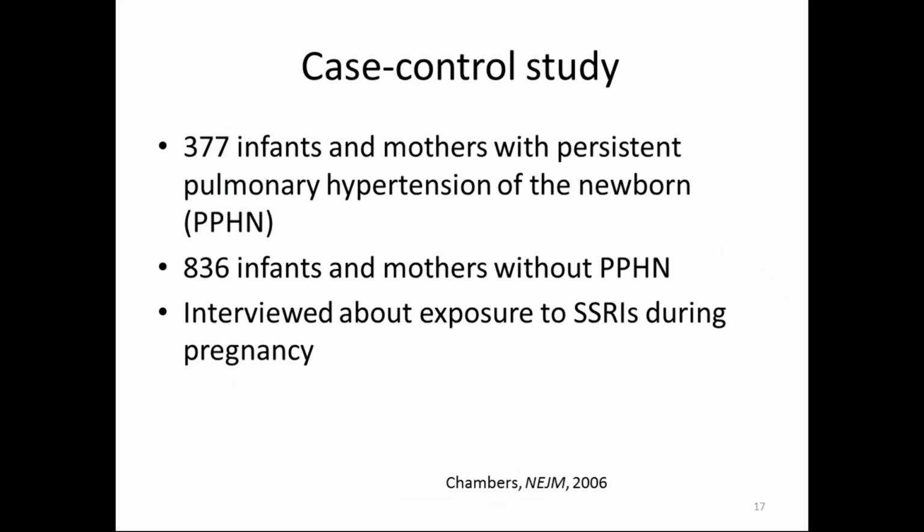This is a design decision: they said, okay, we could find 377 cases, which is basically all the cases from these big areas they're pulling from. And then this number of controls is actually kind of arbitrary, so that's a design issue. They just said, okay, we're going to get this many cases and this many controls.